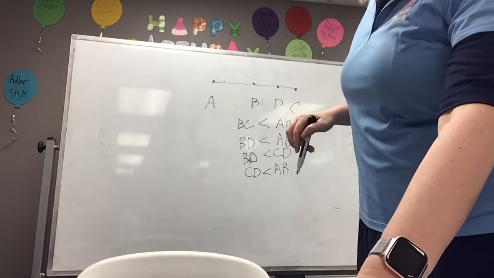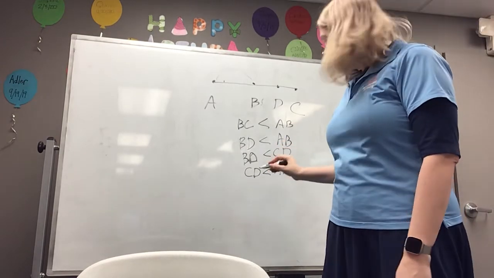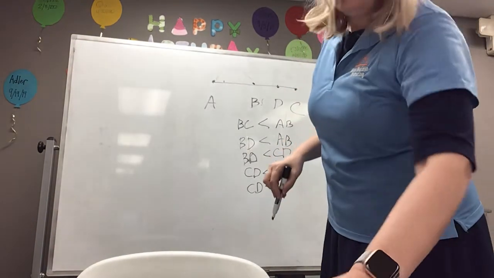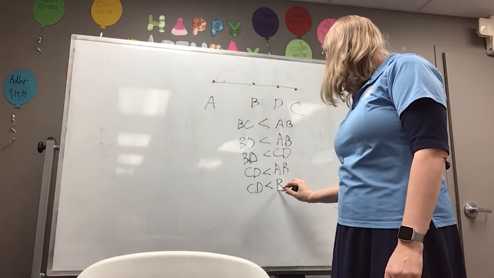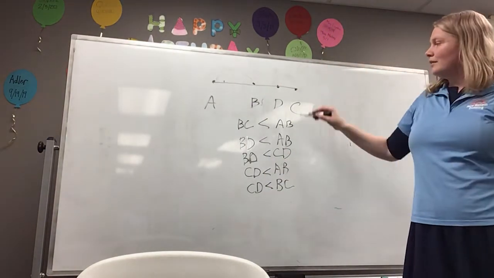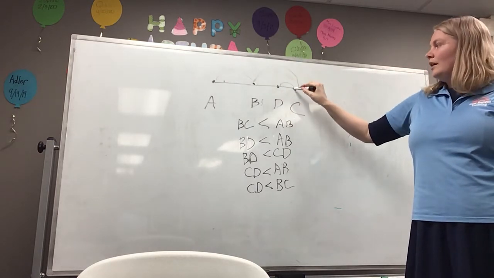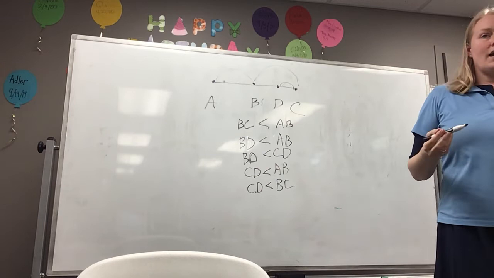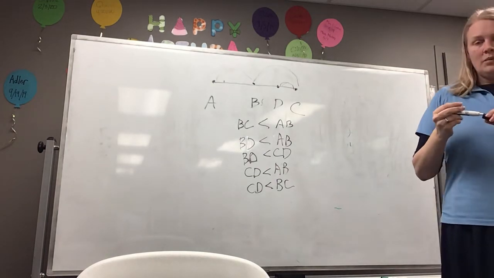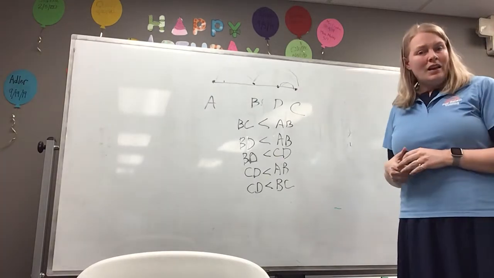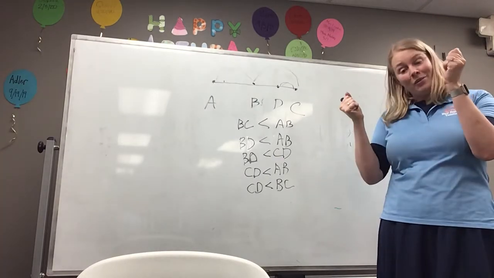Hope this last one works. CD is smaller than BC. Well, yes, because here BC is this great, CD is a fraction of that. And so it's one, being able to put them in order, and I kind of did that for you because I don't have the book that I can say, look at this problem.